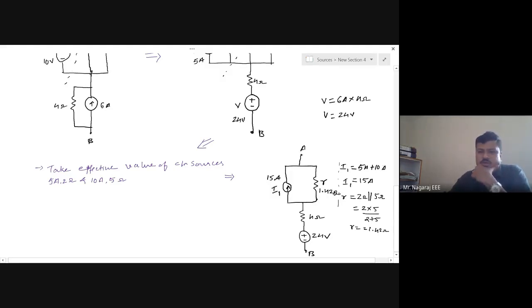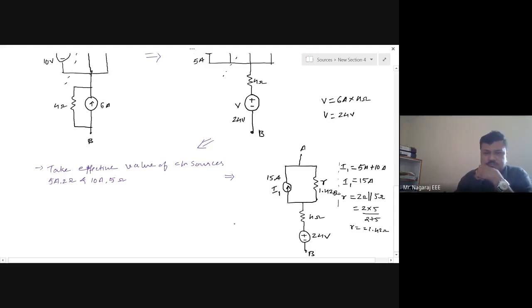Now I want the effective voltage source between A and B. I can convert this I1 and R, that is 15 amps and 1.42 ohms, into a voltage source, and I can take them in series. Now if I convert 24 volts and 4 ohms again into current source, I cannot have the series combination of current source equivalents directly. But anyhow, I want the effective voltage source. I have to convert this 15 amp 1.42 ohms into a voltage source.